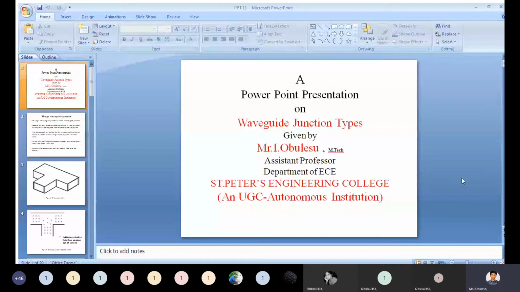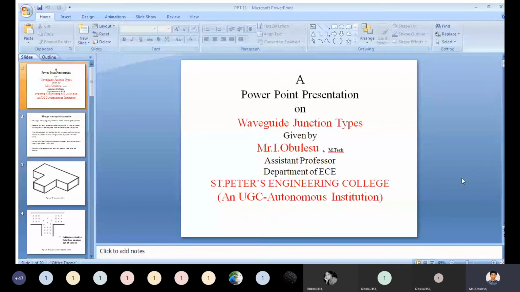The different types of waveguide junction affect the energy contained within the waveguide in different ways. The common types of waveguide junction include the E type, H type, magic T, and hybrid ring junction.